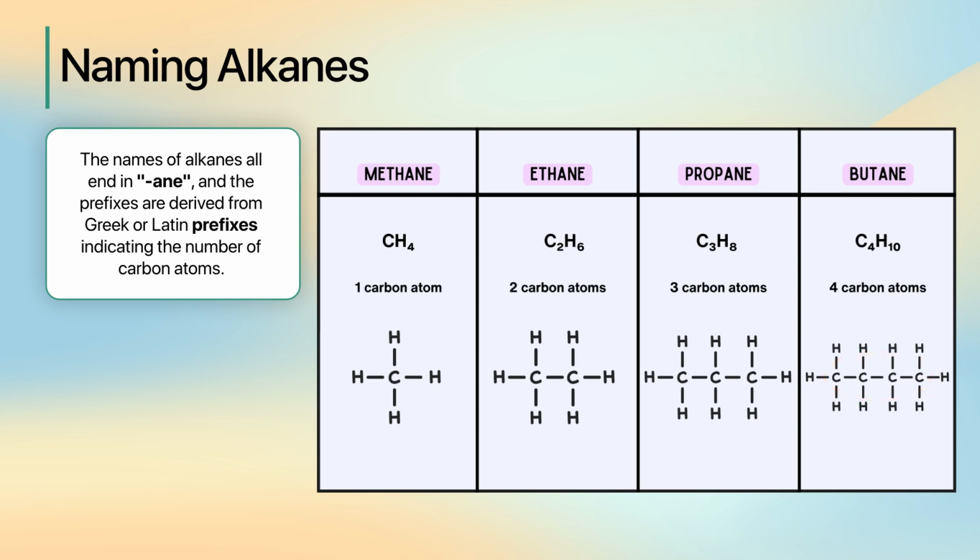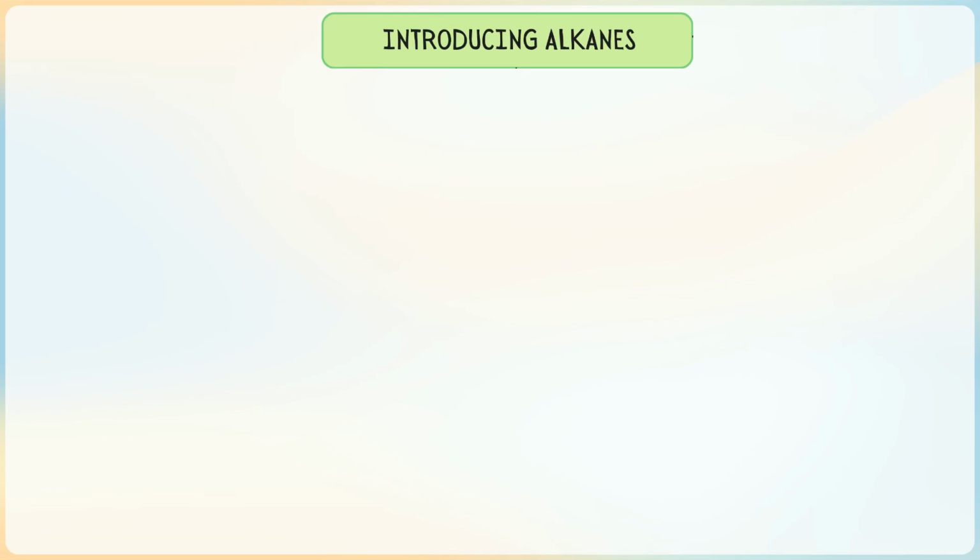Each carbon atom is bonded by single bonds. The first and last carbons are each bonded to 3 hydrogens, and the 2 middle carbons to 2 hydrogens each. The structure can be written as CH3CH2CH2CH3.